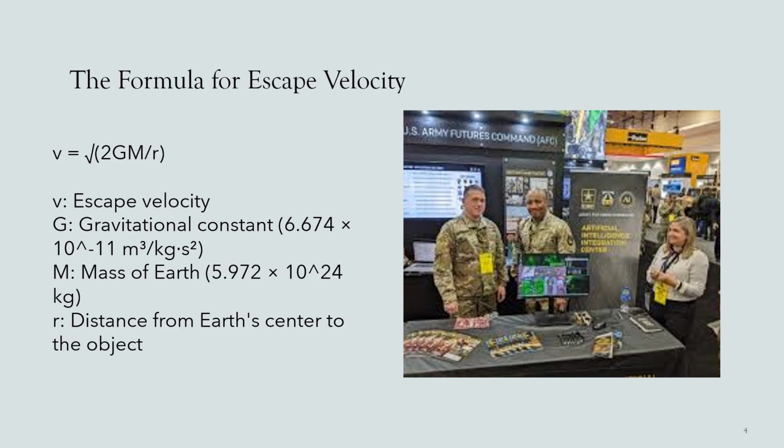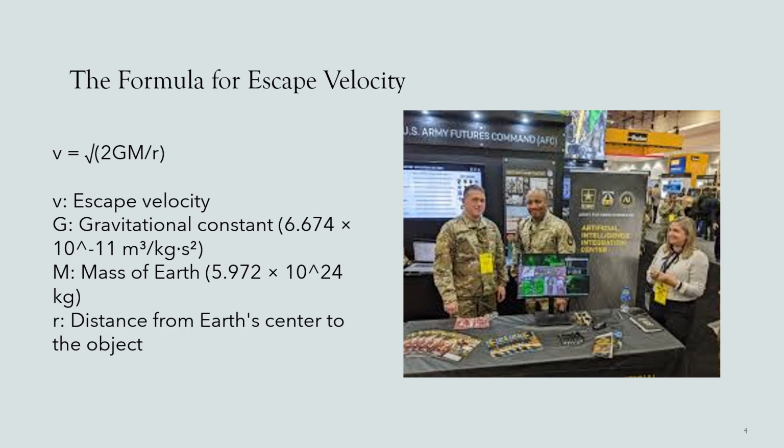Gravity is determined by the planet's mass, in this case Earth, which is a very large planet. Second, we need the gravitational constant, which measures the strength of gravity in this universe. Finally, we need the distance from the center, which is the distance between the center of the Earth and the object that's trying to escape the gravitational pull, which in this case will be the rocket at the surface.